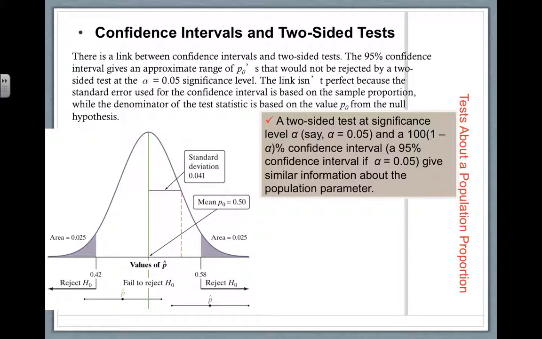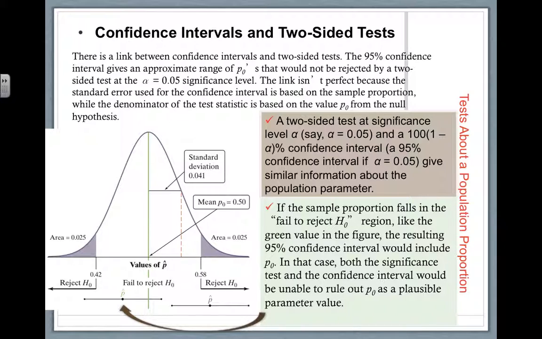So it's not perfect, but just in general, we can see this. And this isn't based on the last example; this is just some other different example. If your confidence interval gave you a range from 0.42 to 0.58, what we would then say is that we'd reject anything to either side of our confidence interval.